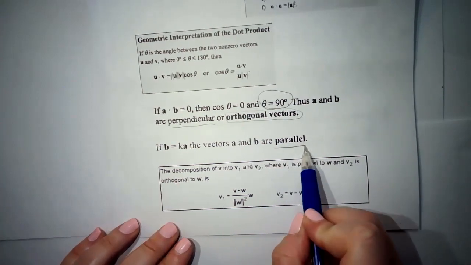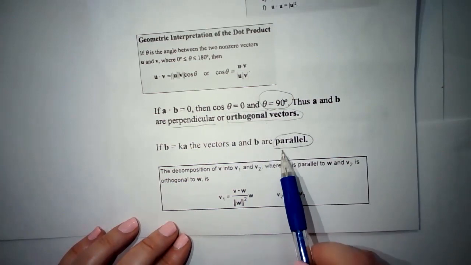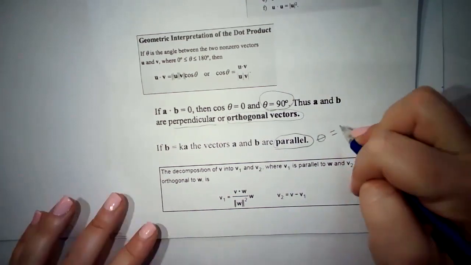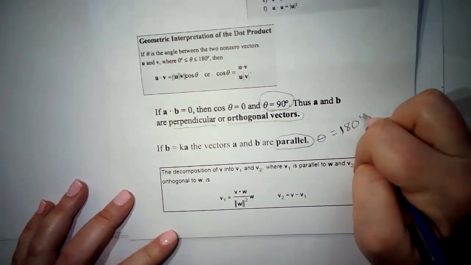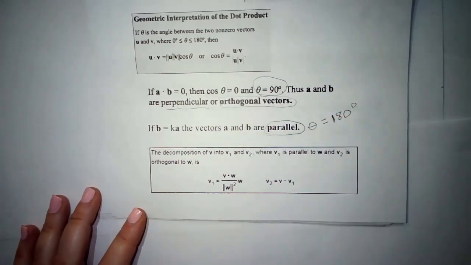Now we do let you use the word parallel, so we keep that little guy. Parallel happens when, and I didn't put this on here, so make sure you write it, parallel happens when your theta is 180. So if your theta is 90, you're orthogonal. If your theta is 180, you are parallel.